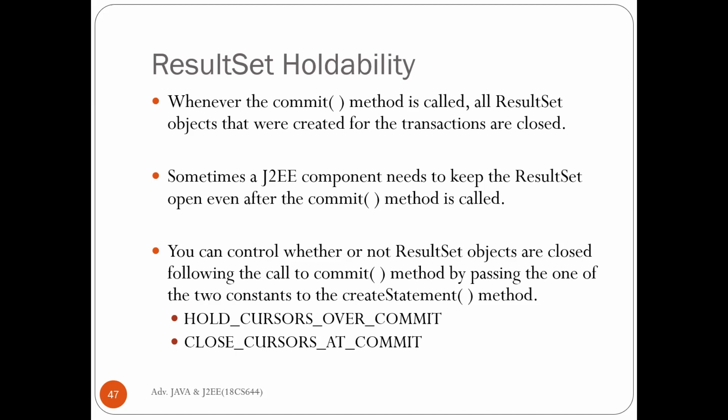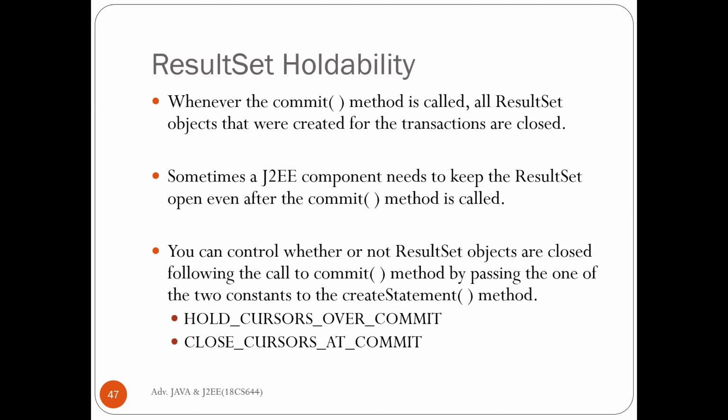For that purpose, two constants can be used. Again, these can be used in the create statement method only. Whatever constants we have discussed, be it while discussing the result set or the transaction, all of those constants will be placed in the create statement method only.